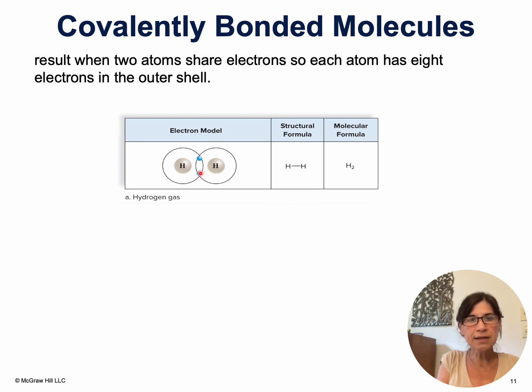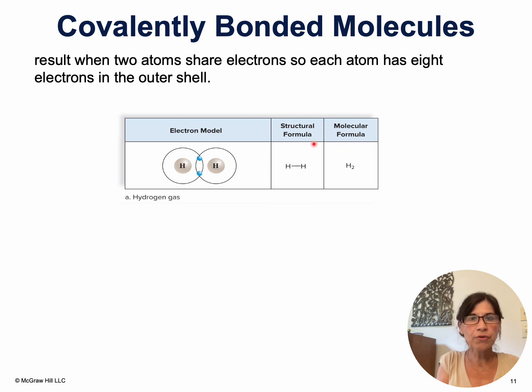Each of these electrons is going to spend some time around this nucleus and then around this nucleus. So in a way, it's the same as each of those atoms having 2 electrons in that energy level. Does that make sense? All right.